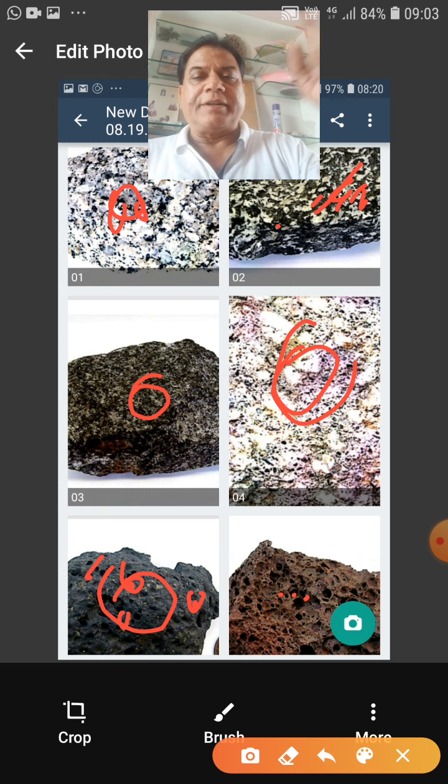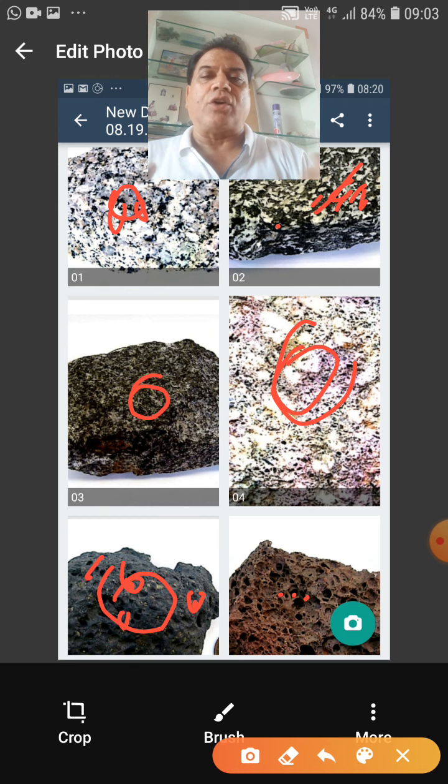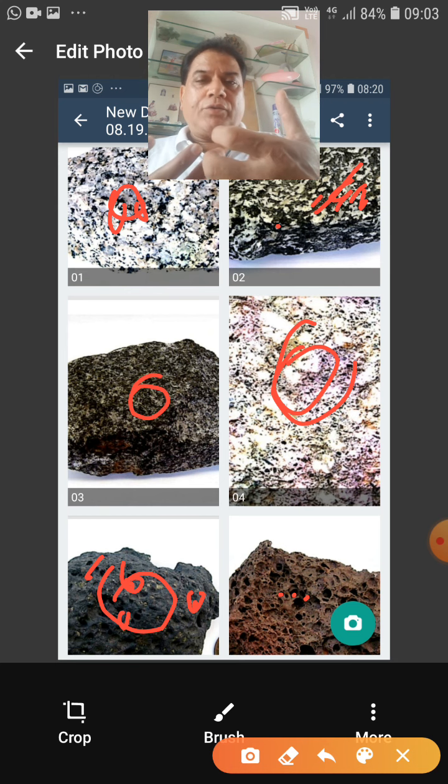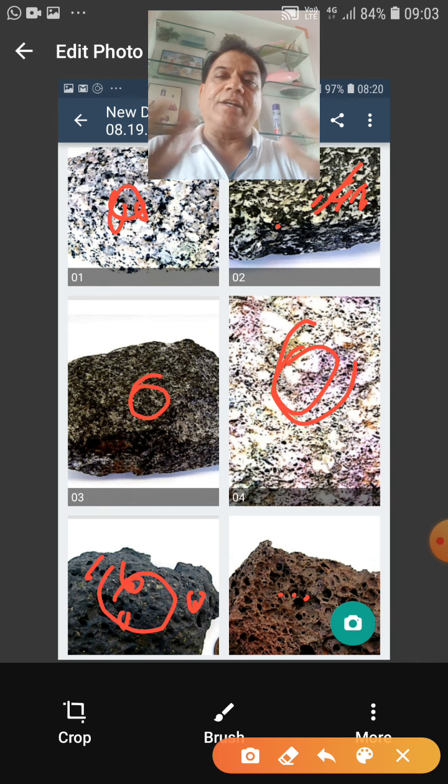So that will be granodiorite. Like this, there are minor differences in different rock types, and if there is a textural variant, we use the names I just told you: granite porphyry, porphyritic granite, porphyritic rhyolite, rhyolite porphyry, and rhyolite.